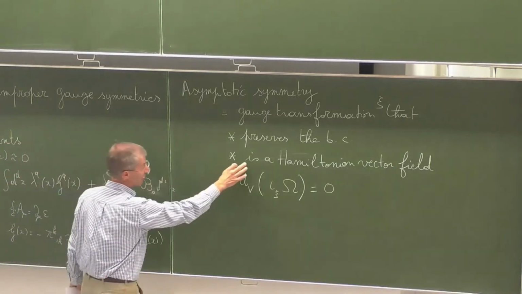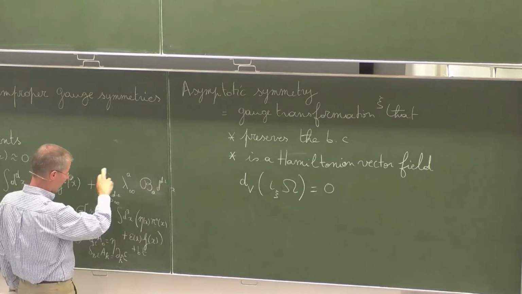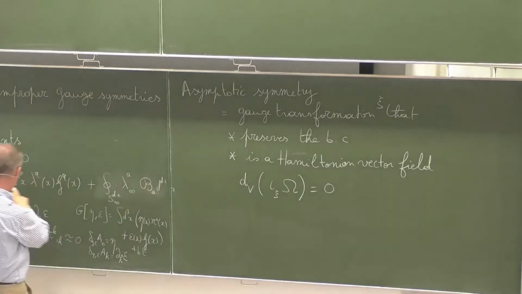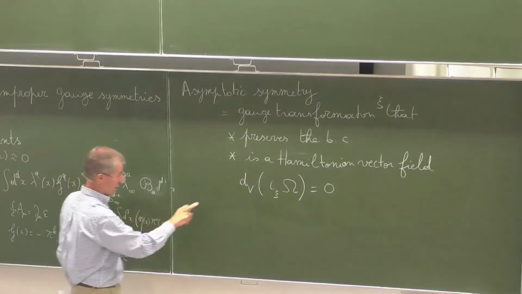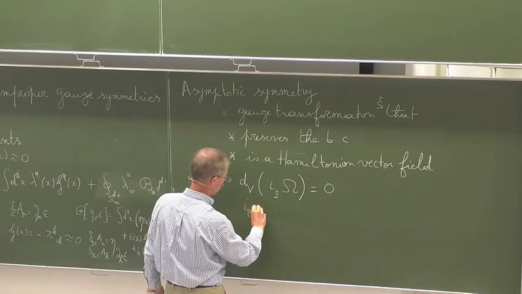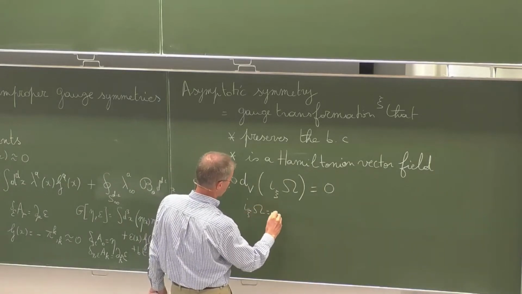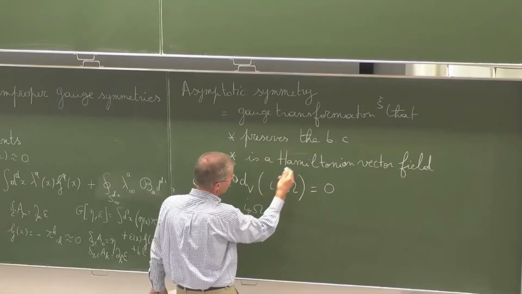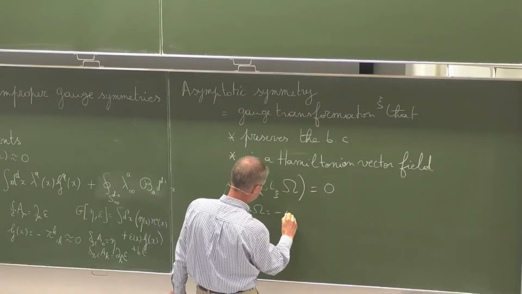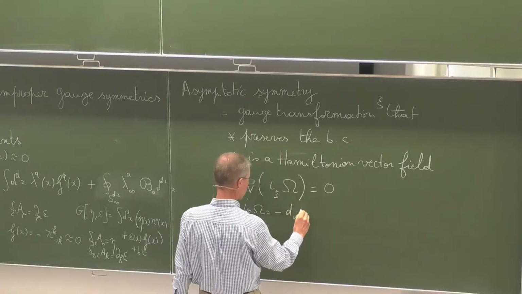So this condition is really the statement that there exists a surface term in such a way that we have this, that's equivalent. So that's minus d G of lambda a, in fact.